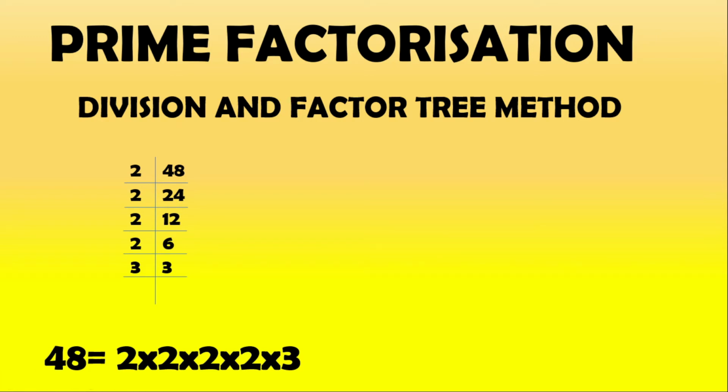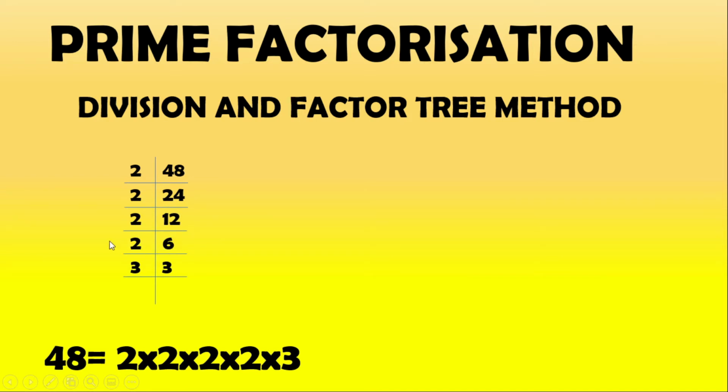Now with this 6, let us check if it is divisible by 2. Yes, it is possible, but it's also possible by 3. It is not required to always write the lowest prime number. You can use any prime number, but only if it's divisible. I'm always using the lowest prime number so you can understand it easily.